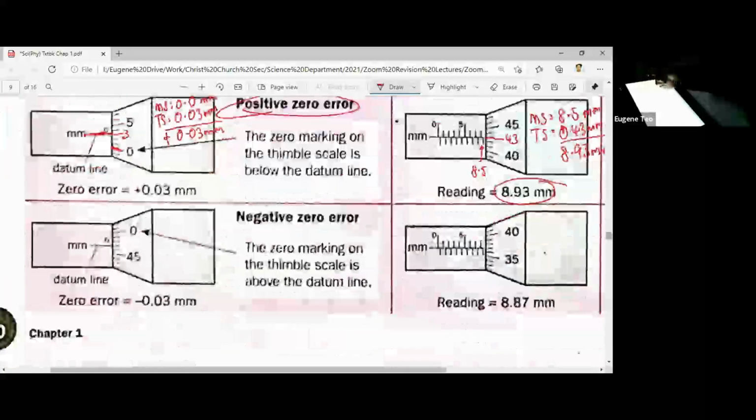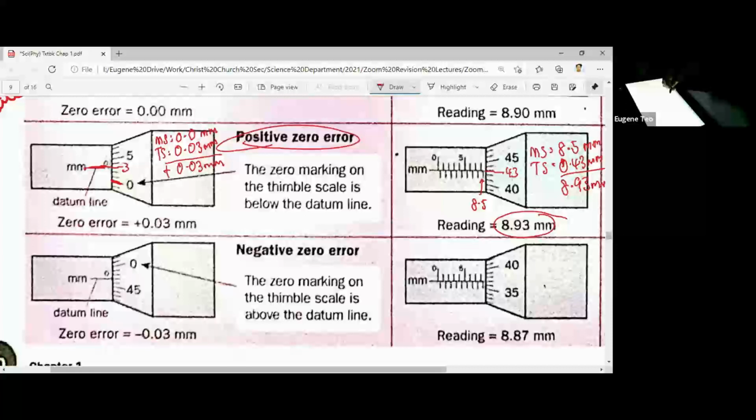Now let's go on to the negative zero error. How do you know there's negative zero error? This time round, the 0 marking on the thimble scale is above the datum line. So it's above now, I know it's negative zero error. How do I go about reading it? Similar to the vernier caliper, you need to count backwards.